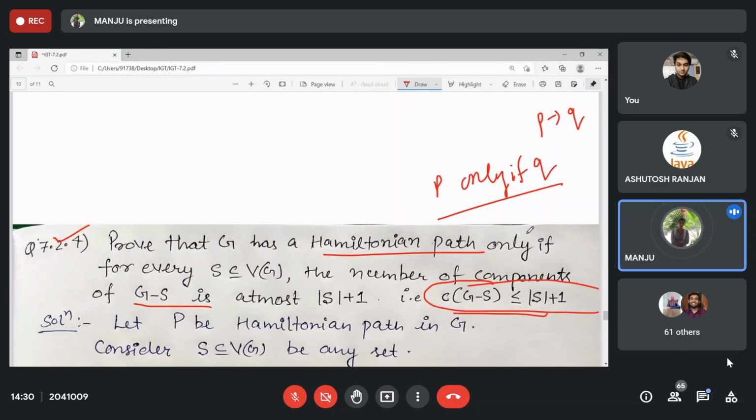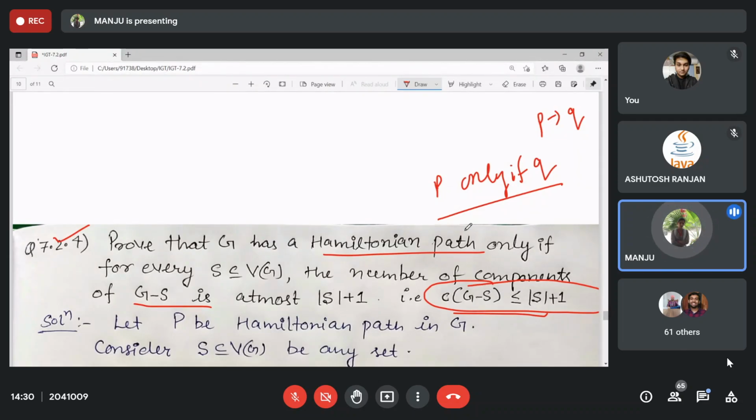That is, for all S, a subset of the vertex set, any subset of the vertex set, the number of components of G minus S is less than or equal to cardinality of S plus 1. We have done a similar kind of thing in the case of a Hamiltonian cycle.